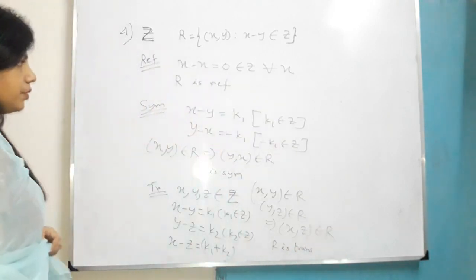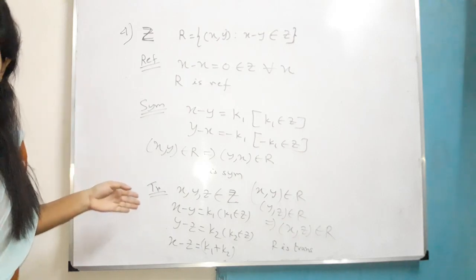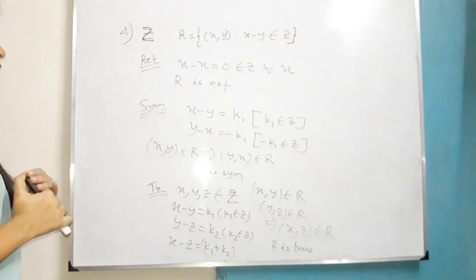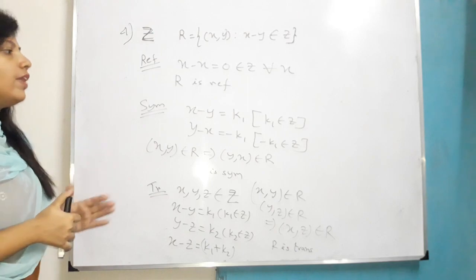And if you follow this properly, it is an equivalence relation, because you know that when any relation is reflexive, symmetric and transitive, then the relation is called an equivalence relation.